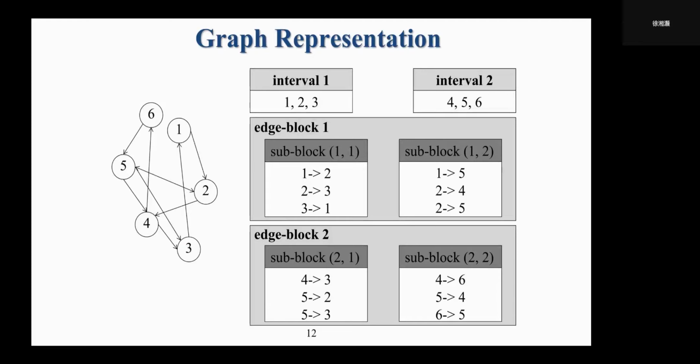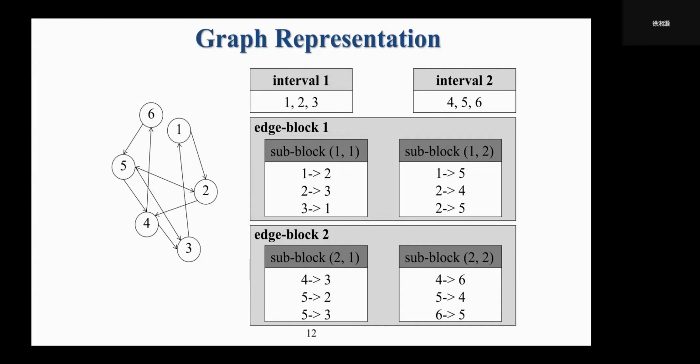We first present the graph representation of GraphSD. We use the two-dimensional partition method to organize the graph data. Specifically, we first split the vertices of the graph into several intervals like previous work. Then each vertex interval associates an edge block to store the outer edges of the vertices within the interval.